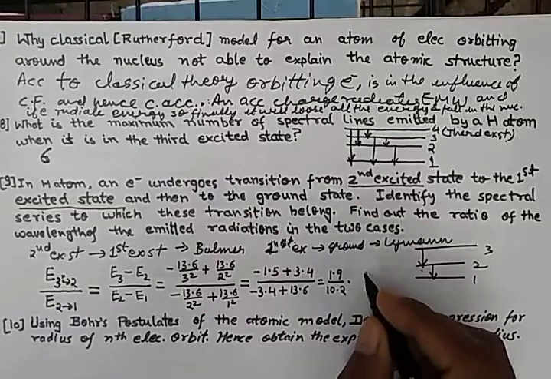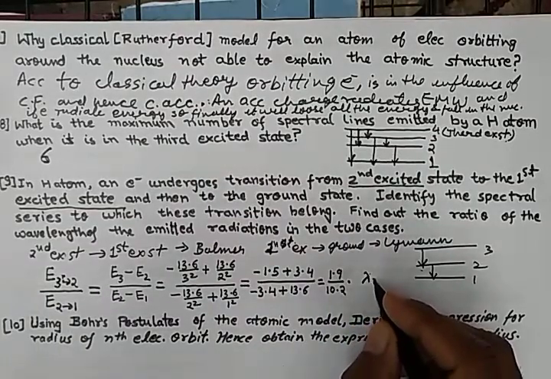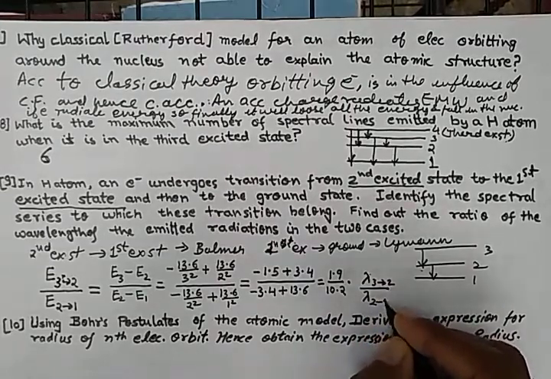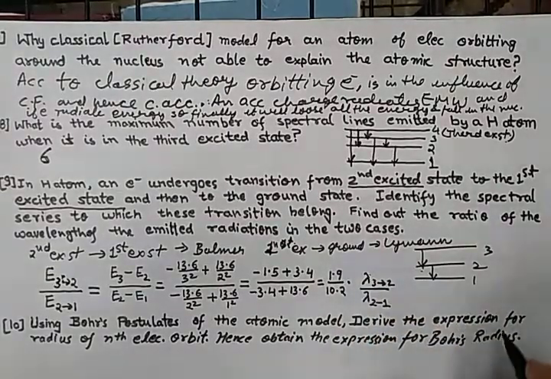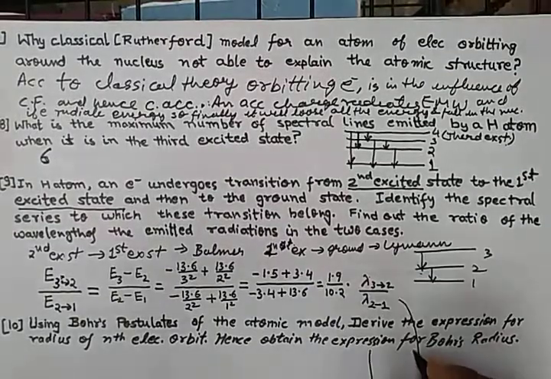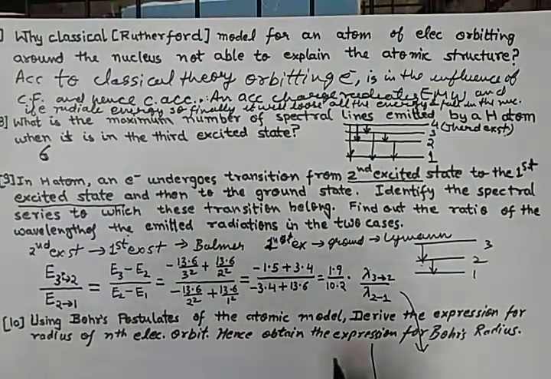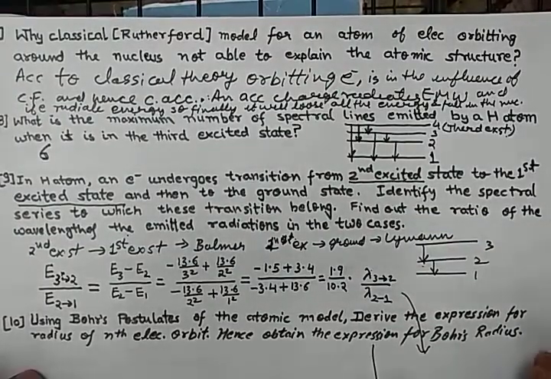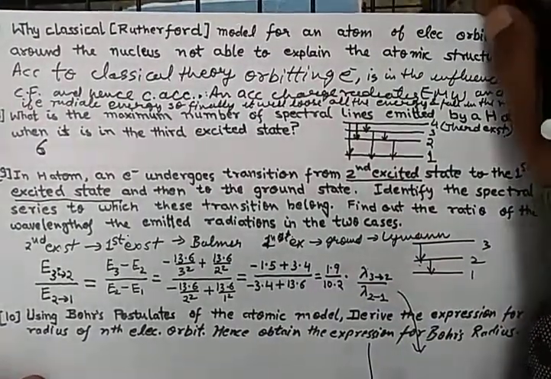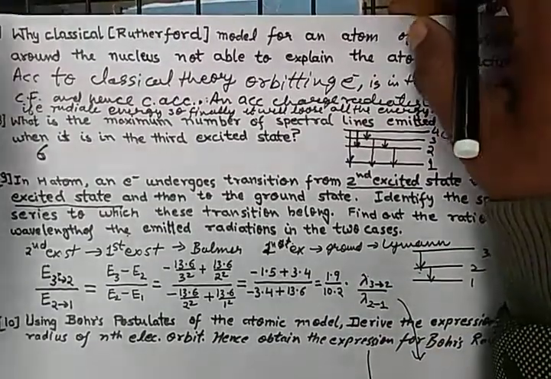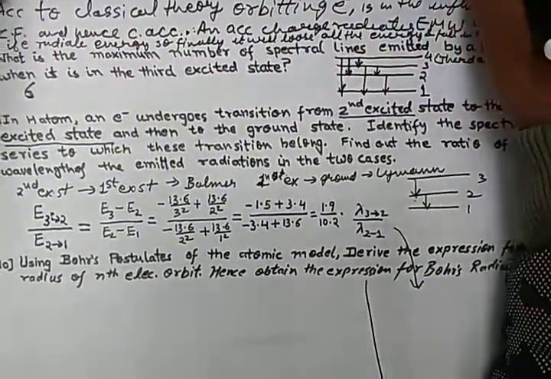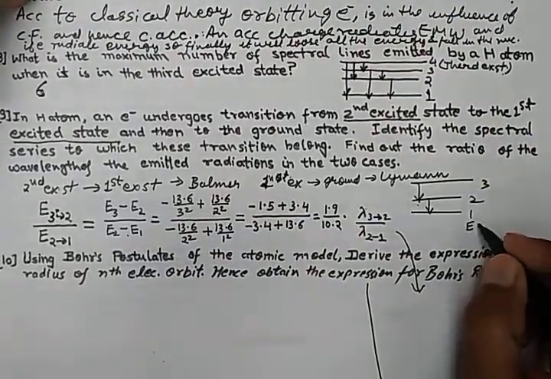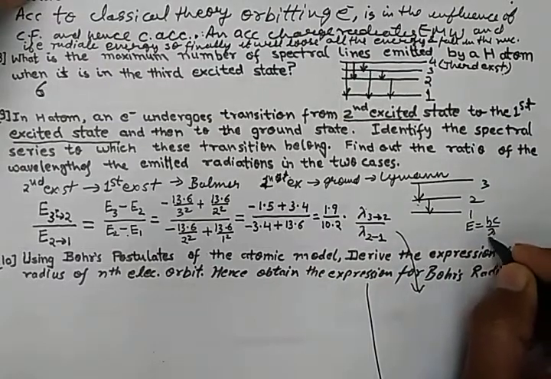So actually we have to find, this is done. Now we have to find lambda 3 to 2 by lambda 2 to 1. Next calculation will be there. So what about this question? I don't know. Anyway, sometime it happens. Okay, so slight adjustment. Okay, that's enough. So we know that E equal to hc by lambda.